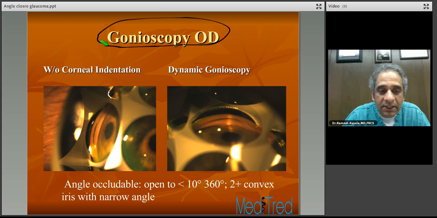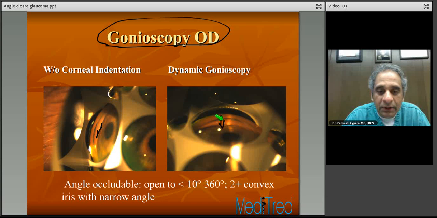So in this example, you can see that the angle structures are occluded. You cannot see the angle structures clearly. Whereas if you compress the cornea with your gonio lens, on dynamic gonioscopy, you can see that some of the structures are opening up. An important concept for you to understand.